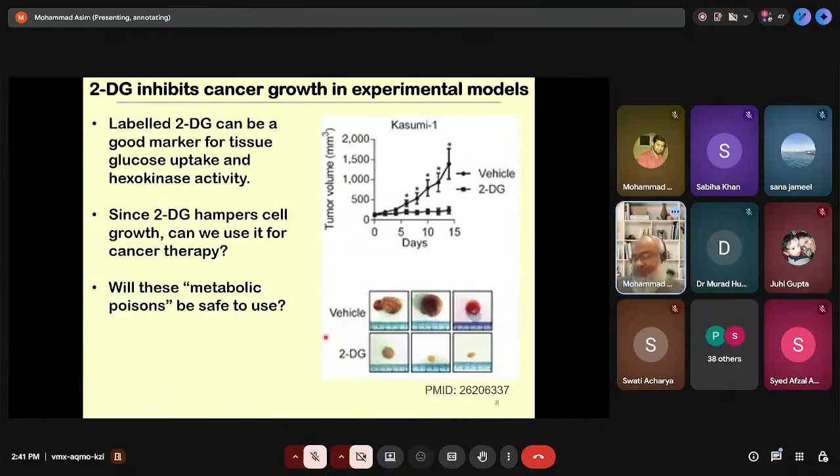Sadly, many times what people do when they're publishing papers, they only look at what I'm showing you on your screen: whether the growth of the tumor is affected or not. They don't see the welfare of mice. Many of them don't even do blood profiling to see whether there are any changes in mice. All they look at is the basic phenotypic changes, the behavioral changes in animals who have been put on these new drugs, but that's not sufficient evidence to take them into clinic.